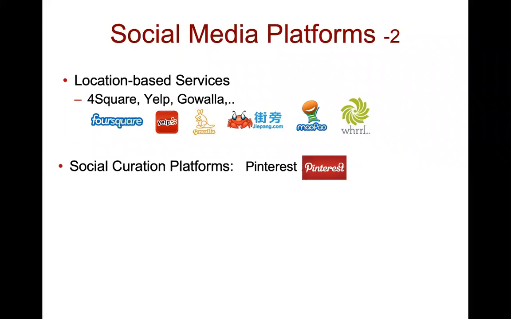We also have so-called social curation platforms like Pinterest, where you can pin certain things. These platforms are very good for research because we have a lot of so-called ground truth data from which we can figure out what the actual intentions of people are, what they really like.